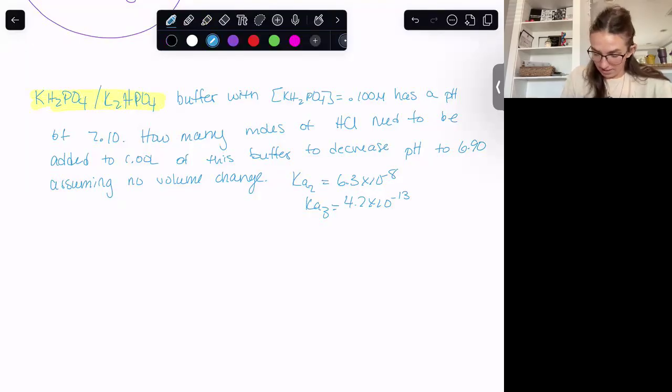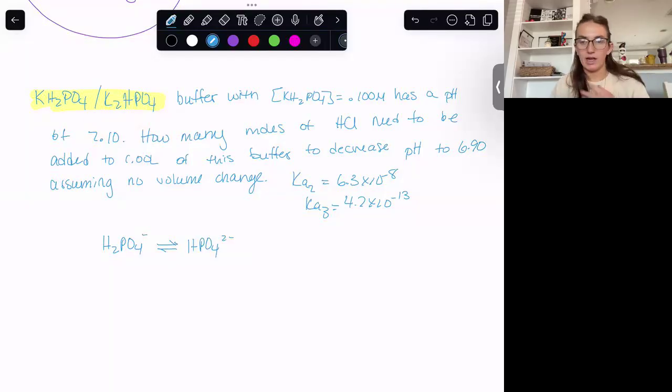That's an ionic compound that'll dissociate in solution. We'll have H2PO4 and HPO4, which means that if we have H2PO4 as our starting reactant, we are working with Ka2.